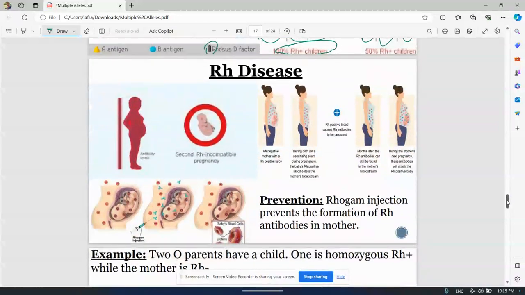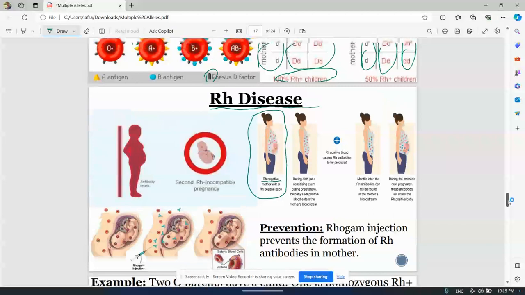What can sometimes happen during pregnancy is something called Rh disease. Suppose there's a mother who's expecting a baby, and that mother is Rh negative. Suppose that their baby, due to genetics, as you can see here, is Rh positive.